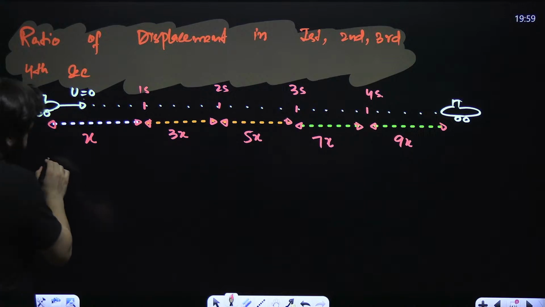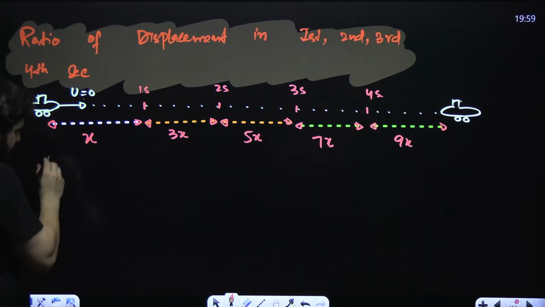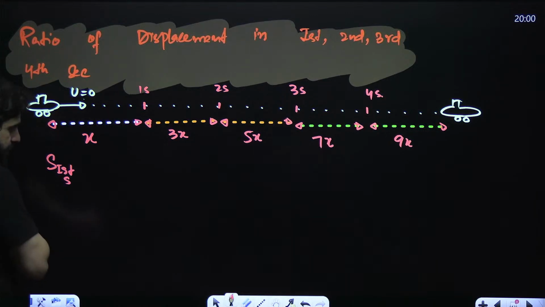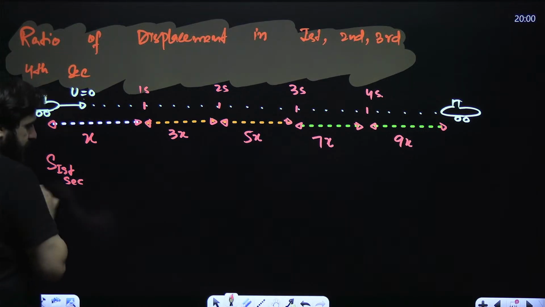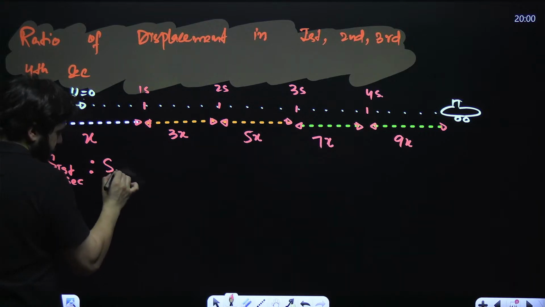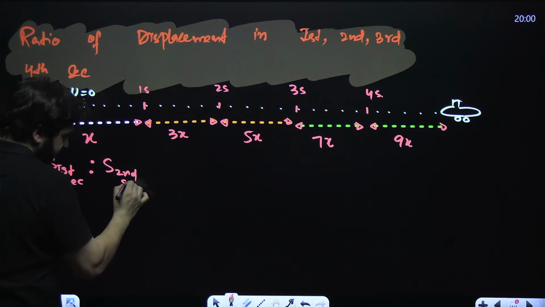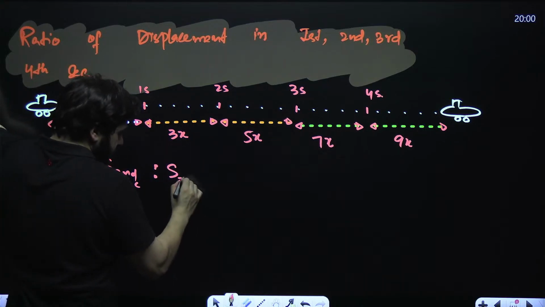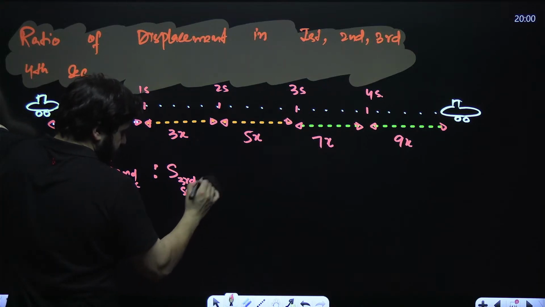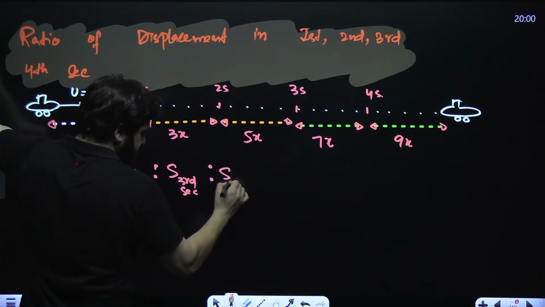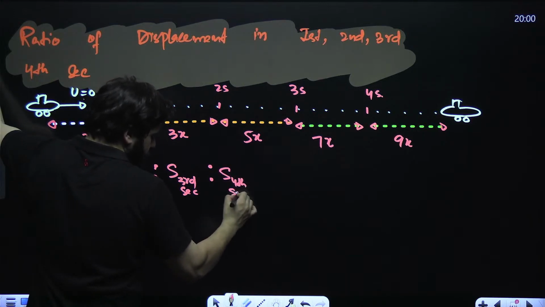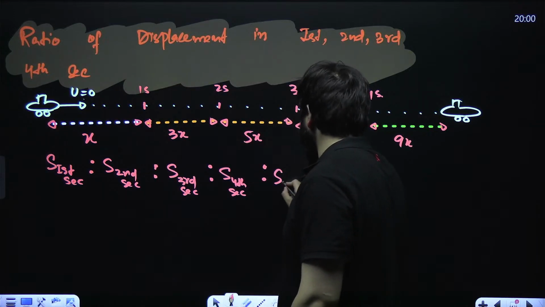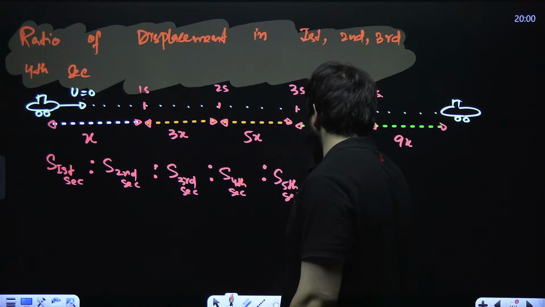So we say, guys, I'll write over here, displacement in first second, then we say is to displacement in second second, then is to displacement in third second, is to displacement in fourth second, then is to displacement in fifth second.